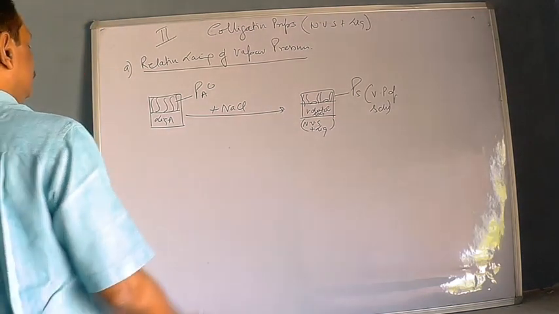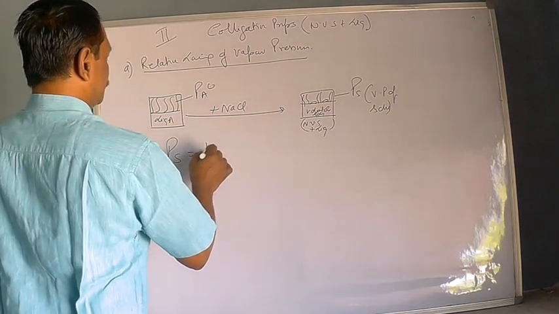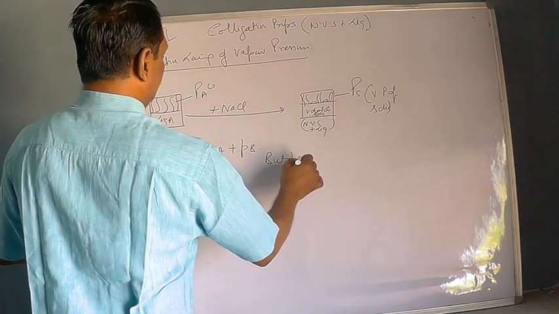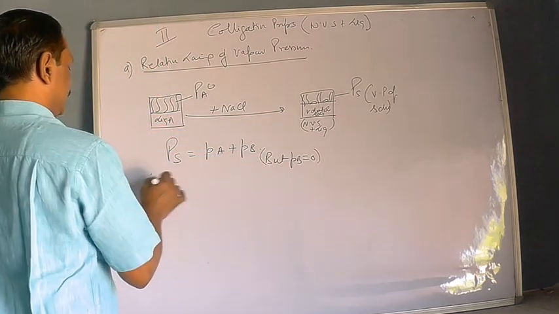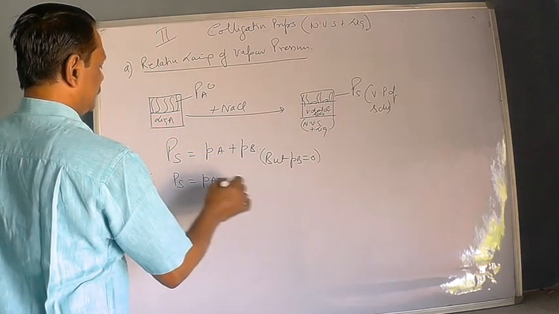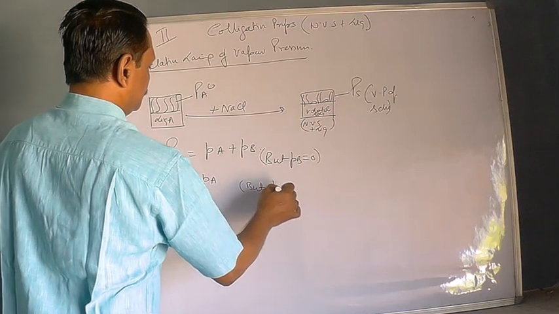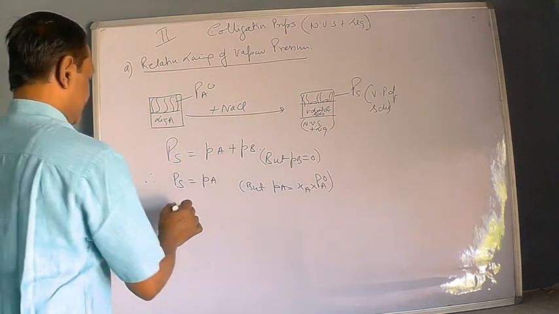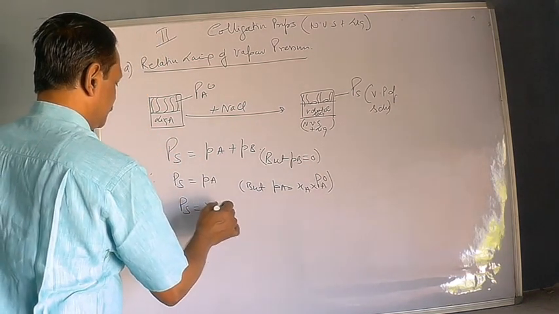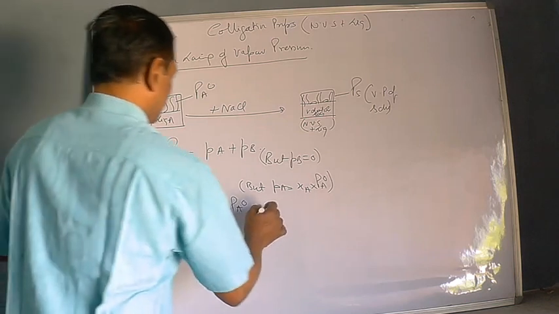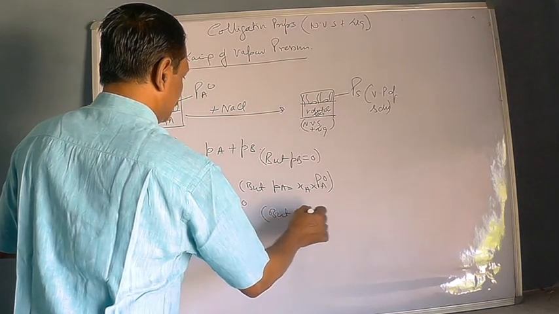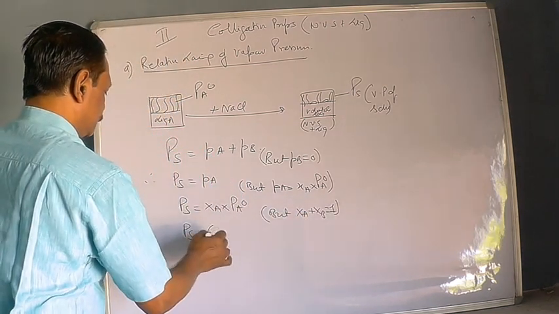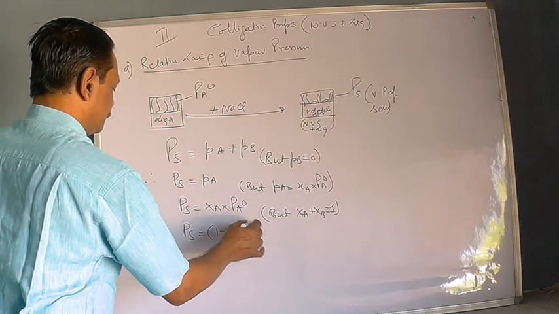So class, as per Raoult's law, PS equals PA plus PB, but PB equals 0. Therefore, PS will be equal to PA, but you know PA equals XA into PA0. Remember Raoult's law. So we are going to put here PS equals XA into PA0, but again we know XA plus XB equals 1. So in place of XA, I can write PS equals 1 minus XB into PA0.